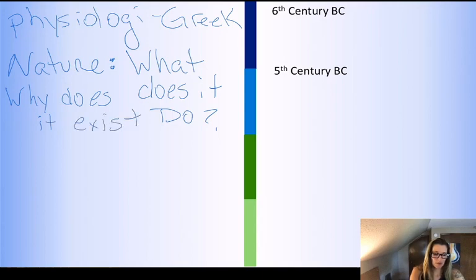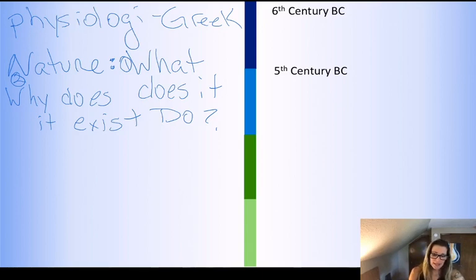So these were the physiologi's two major questions. And you can see how that fits a little bit more with a broad study of nature. What does it do? Why does it exist? And they ask these questions of nature. And so the origins of physiology were with this group of Greek philosophers, and it was really quite broad.